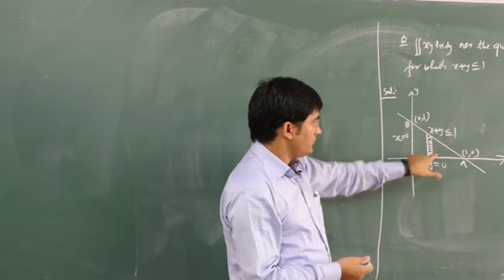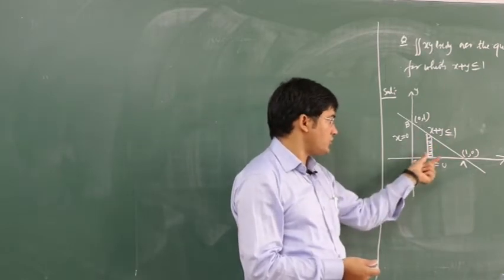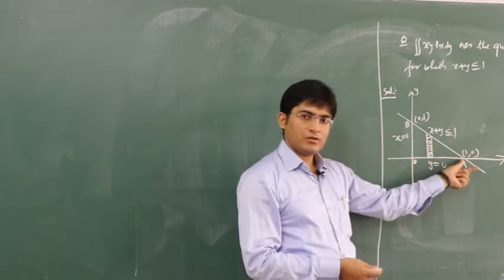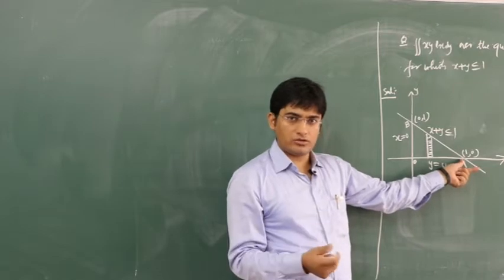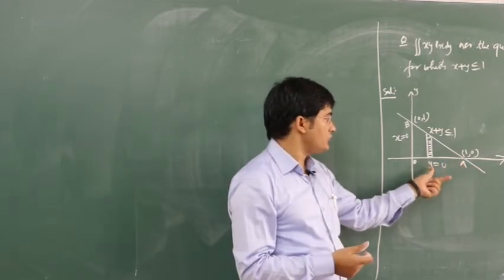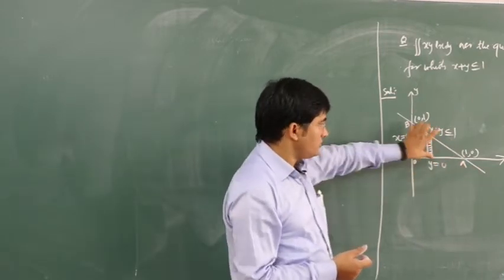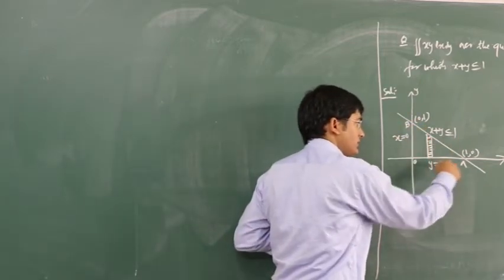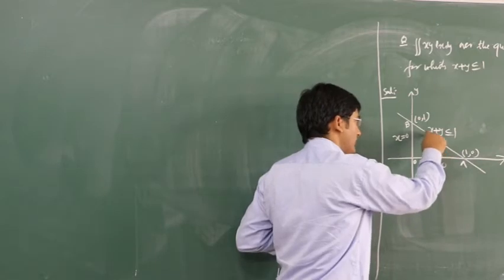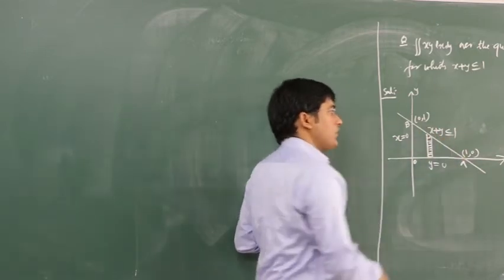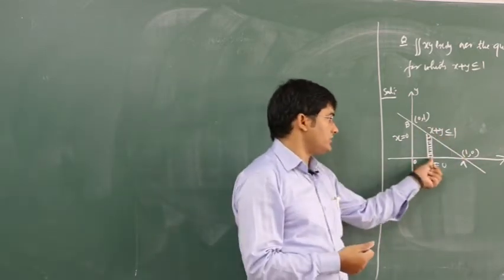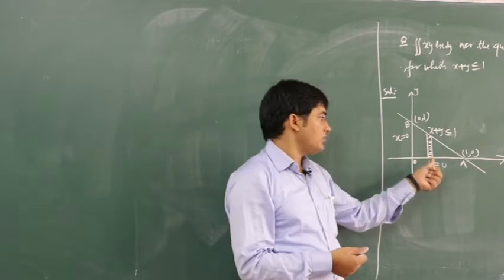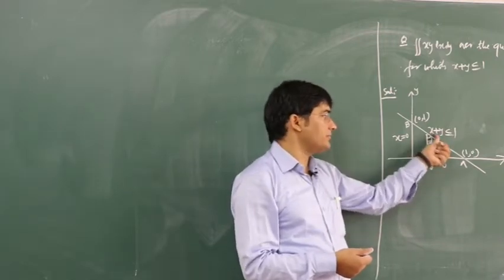Your limit of y will never change. It will always be from 0 to 1 minus x, because the lower end of the strip will be on the x-axis and the upper end will be on the line x plus y equal to 1. So for this strip, y will go from 0 to 1 minus x.